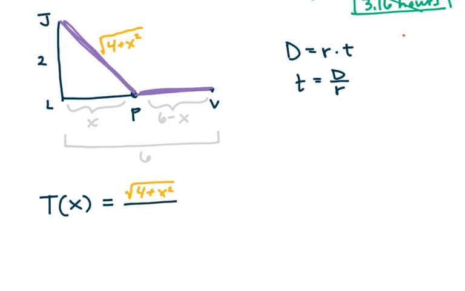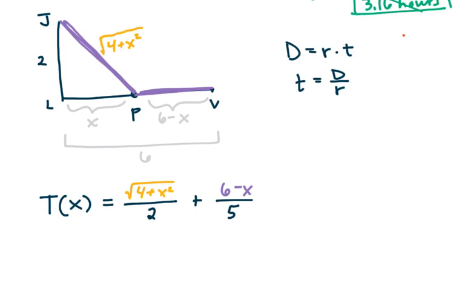And from J to P she's rowing, so her rate is 2 miles per hour. Plus our distance from P to V, which is 6 minus x. And in this situation, we are traveling at 5 miles per hour. So this represents the time equation in terms of x that we want to optimize.